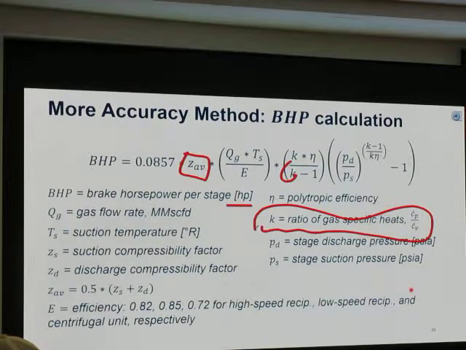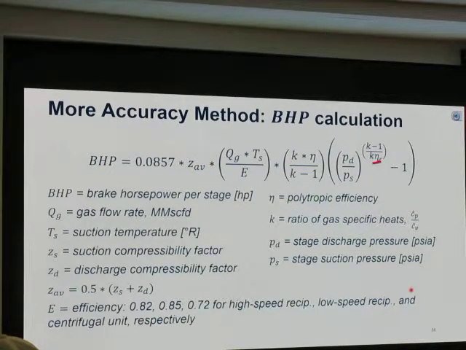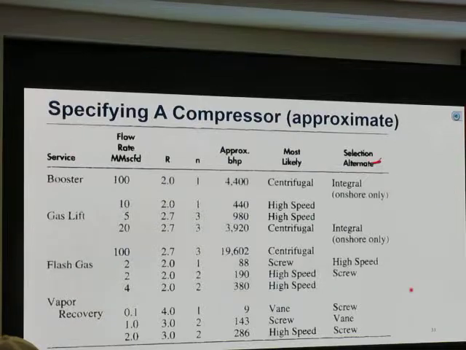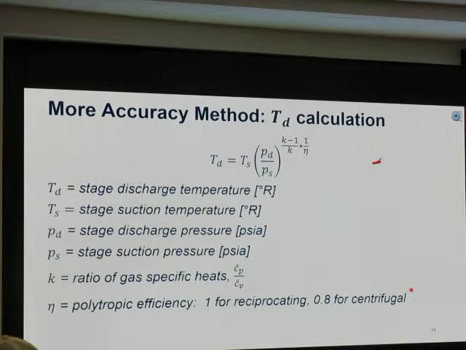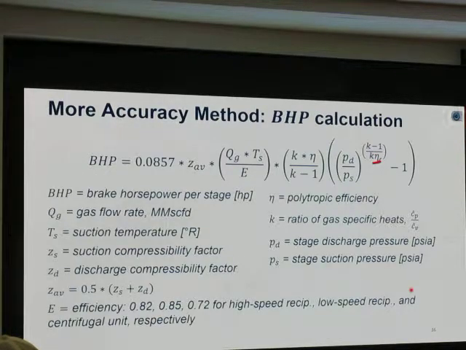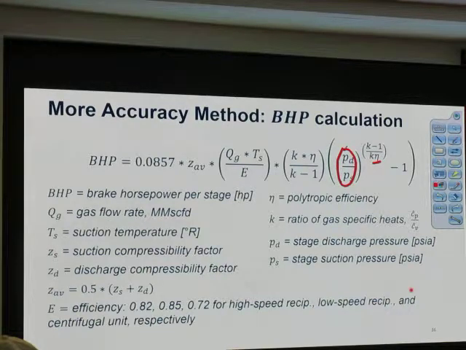Yes, even though it's different than the outlet. Eta comes from the previous slide, 0.8 or 1. Okay, and we have the compression ratio per stage. E is that efficiency. Use 0.82 for high speed reciprocating, 0.85 low speed reciprocating, 0.72 for centrifugal unit.